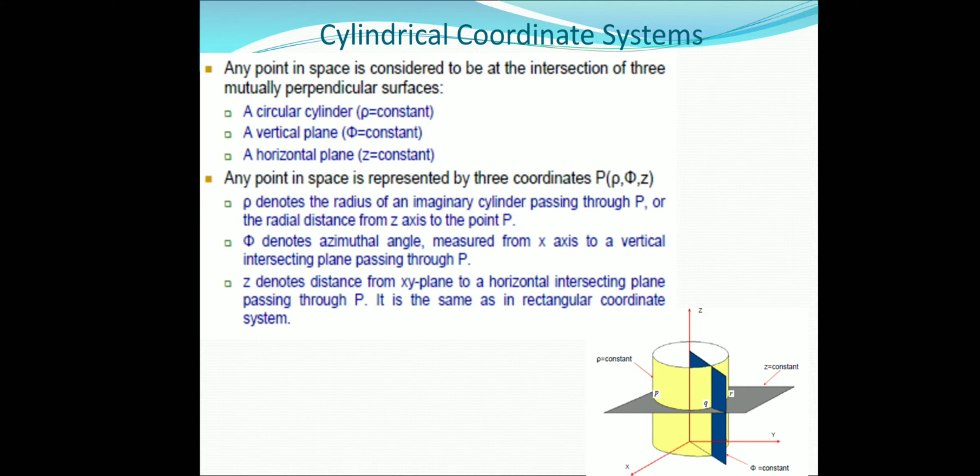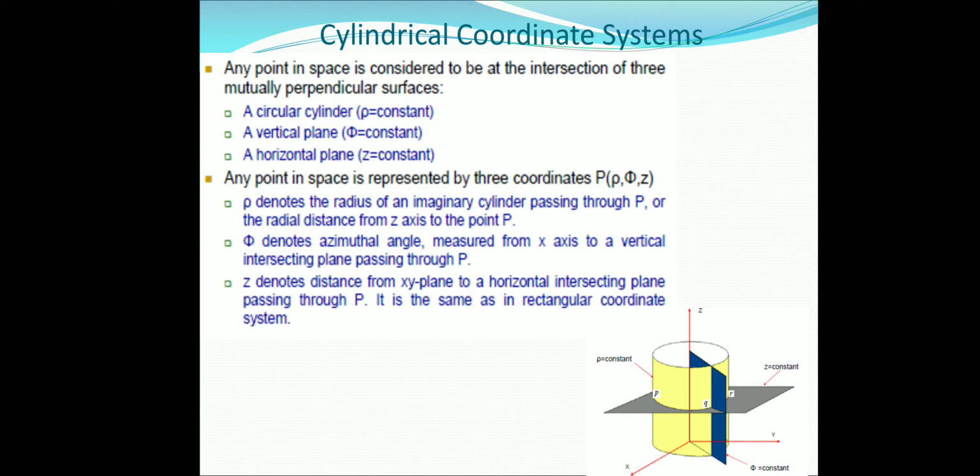One more time, any point in space is represented by three coordinates, P of rho, phi, z. Rho denotes the radius of an imaginary cylinder passing through P, or the radial distance from the z-axis to the point P. Phi denotes the azimuthal angle measured from the x-axis to a vertical intersecting plane passing through P, that is the blue region, and z denotes the distance from the xy plane to a horizontal intersecting plane passing through P. It is the same as in the rectangular coordinate system.